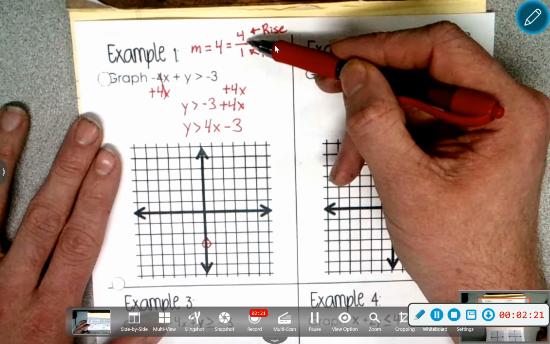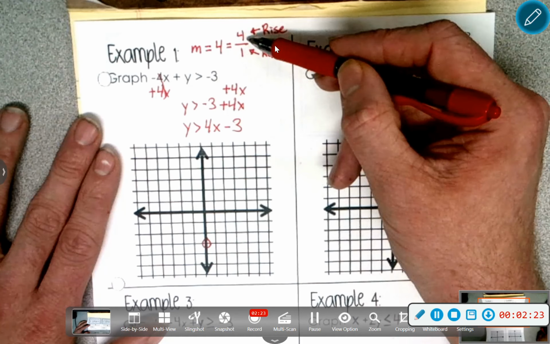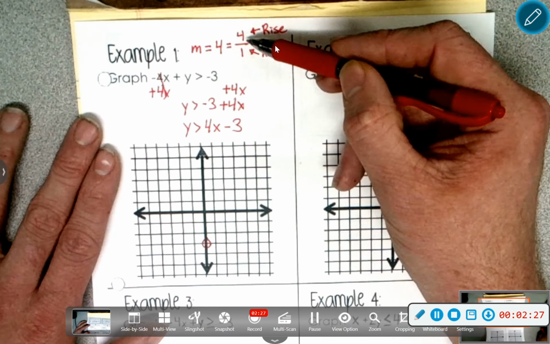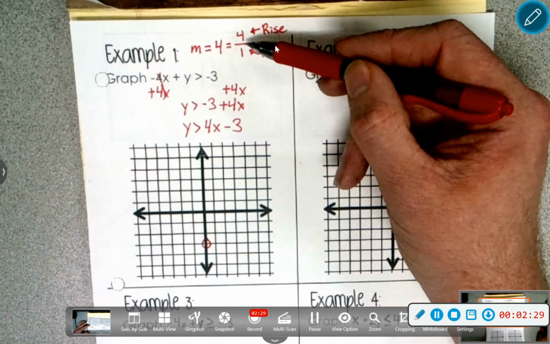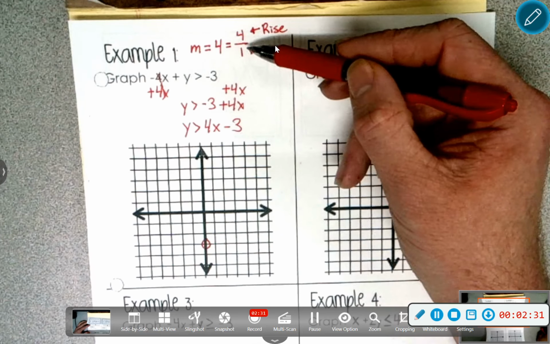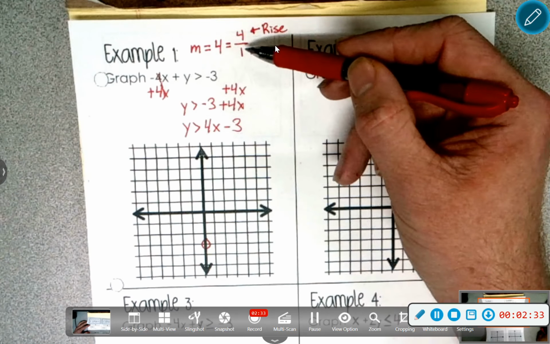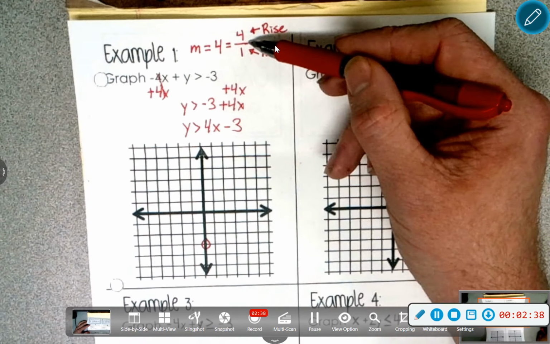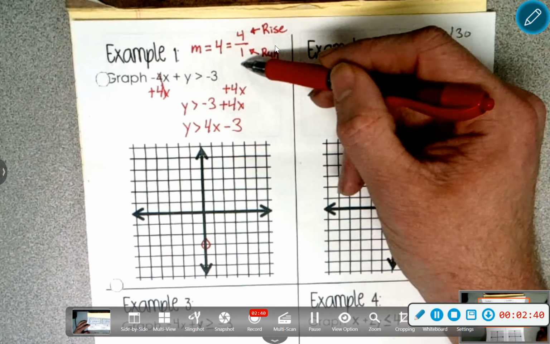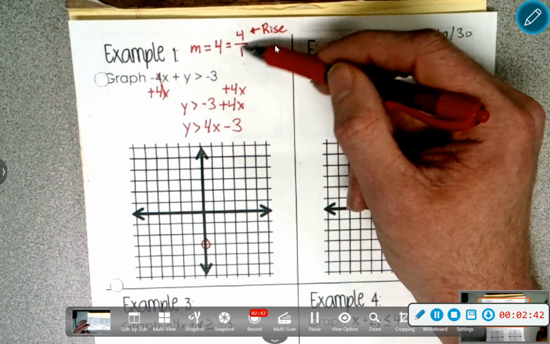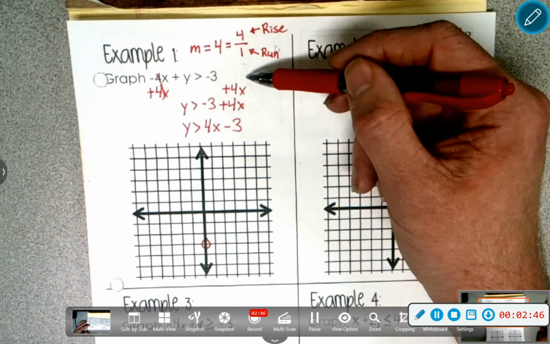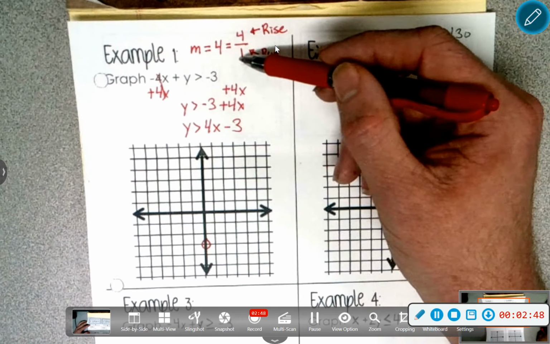Am I going to go up or down? Why am I going to go up? Not just because we're rising. It's a positive 4. So because 4 is positive, that means I'm going to go up. And because my run will always be written as a positive number, at least whenever I choose to write it as a fraction, it will always go right.